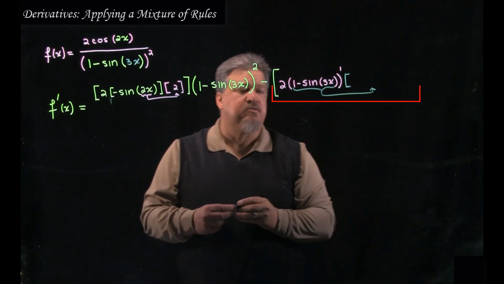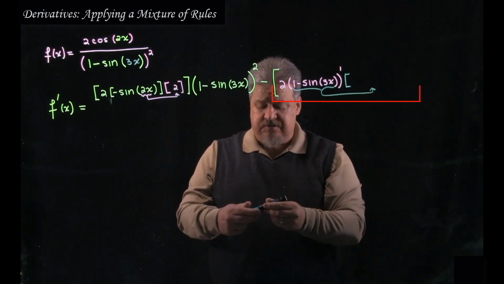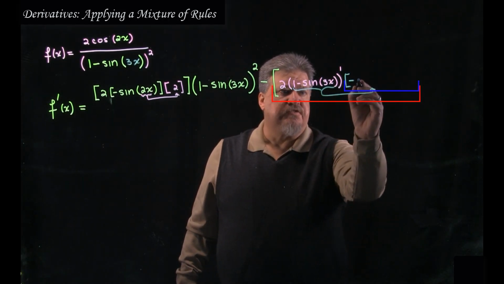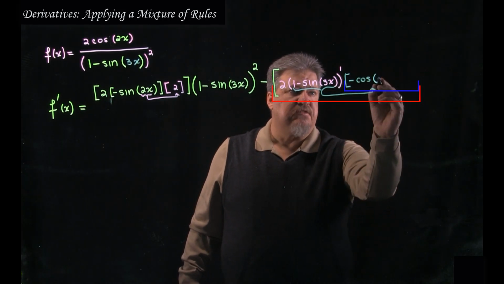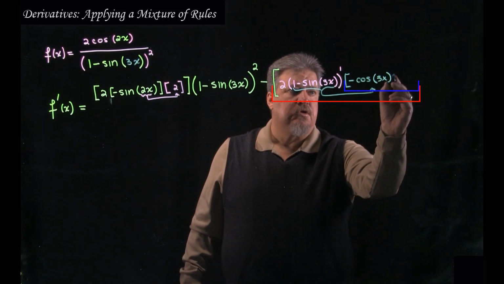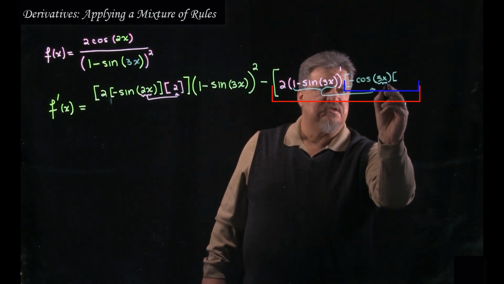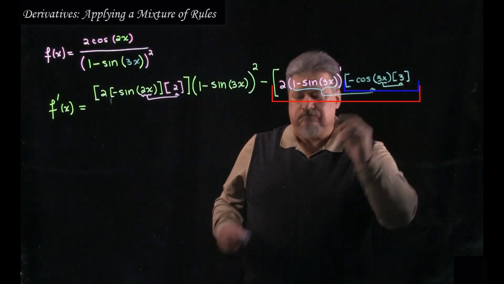Now, what's the derivative of 1 minus 3 sine x? Well, the derivative of 1 is 0. The minus we can recopy. The derivative of sine is cosine. Recopy this inside function. Now I have to hit another chain rule, times the derivative of this inside function of 3x. That's 3. Good?